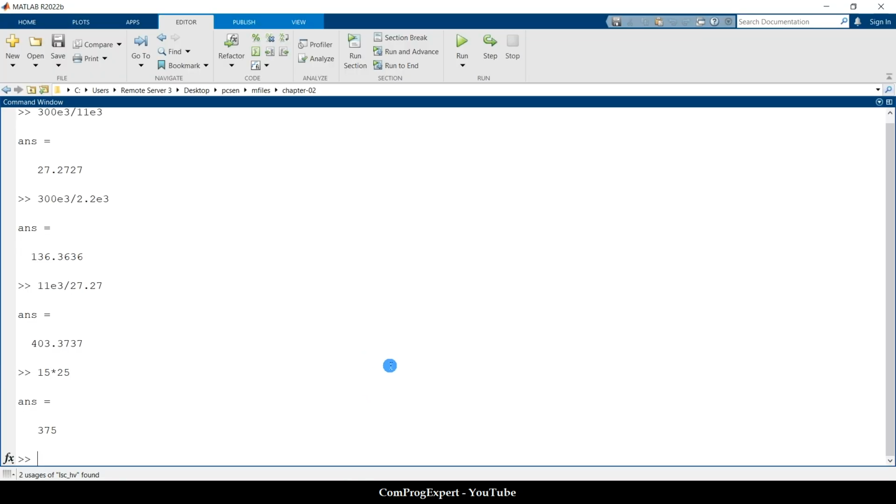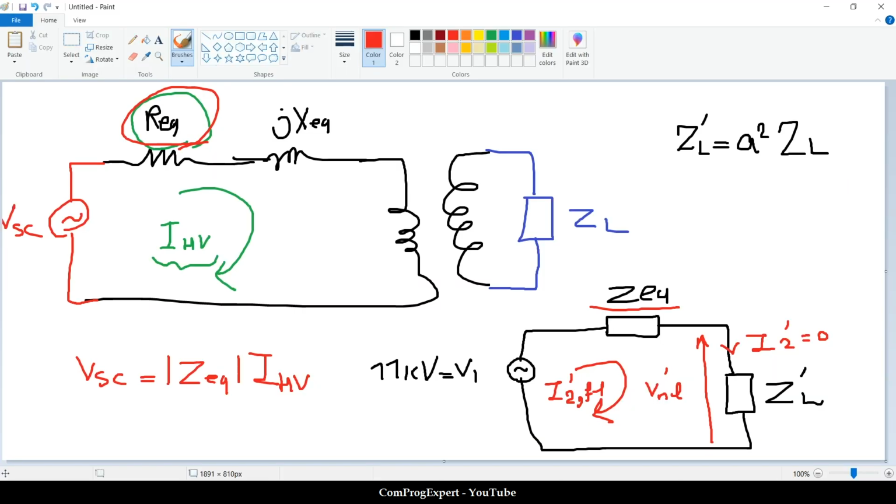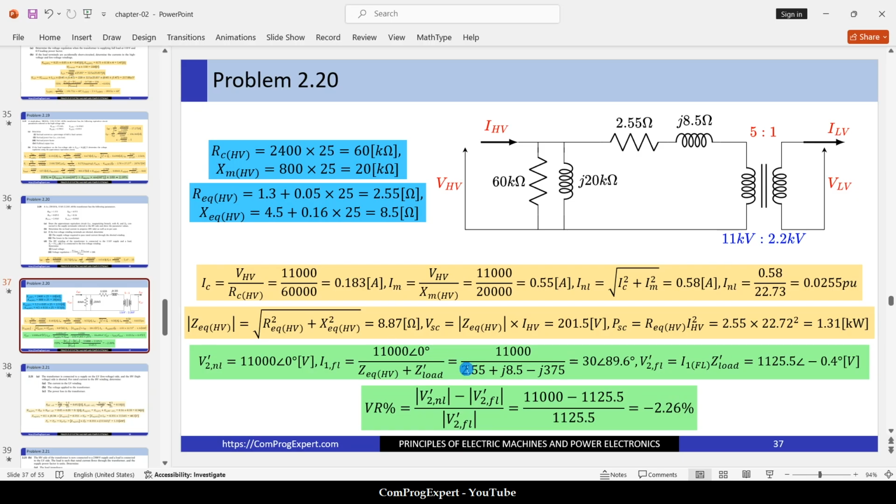Times 25, 375. This is the amplitude that we have here. This is equal to negative j375. So yes, if you do the math, we will calculate the I1 full load equal to 30, and this is the angle.